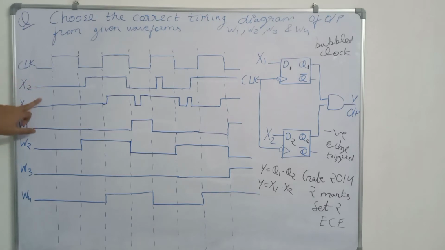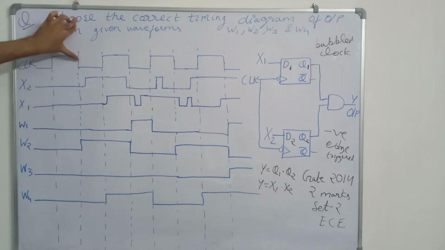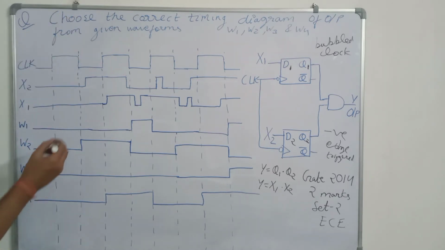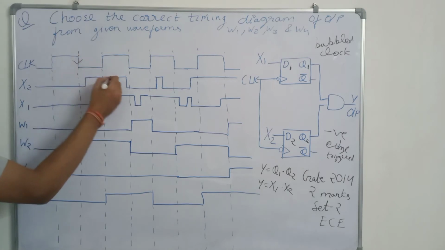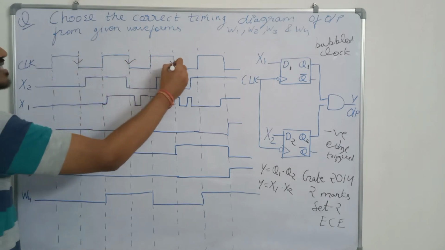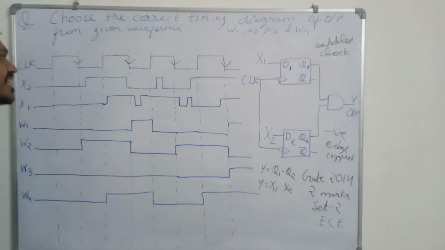Here x2 and x1 are 0, so the output should be 0 for all. Now we have to select the negative edges of the clock. This is a negative edge, this is a negative edge, this is a negative edge, and this is a negative edge.